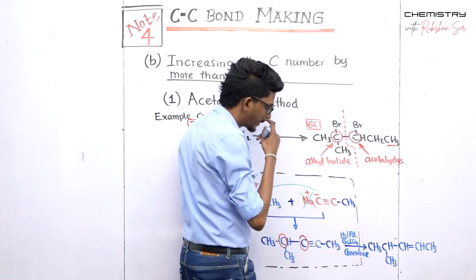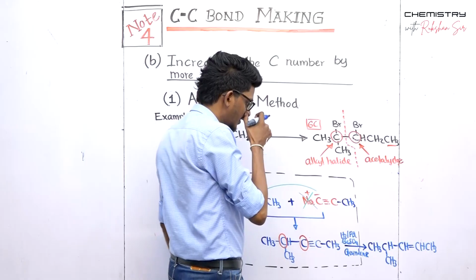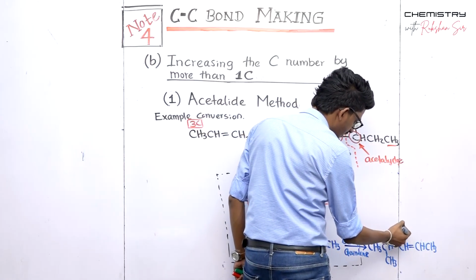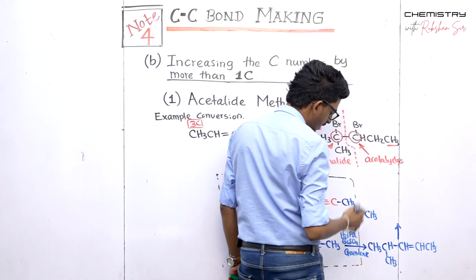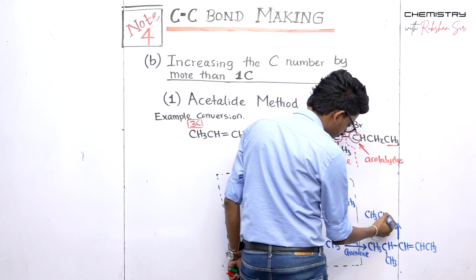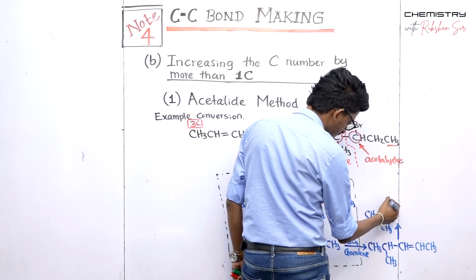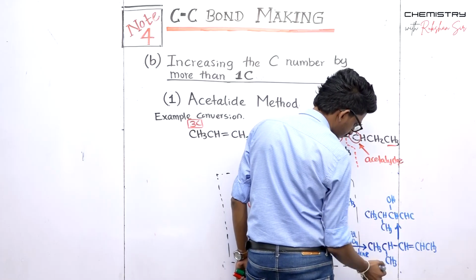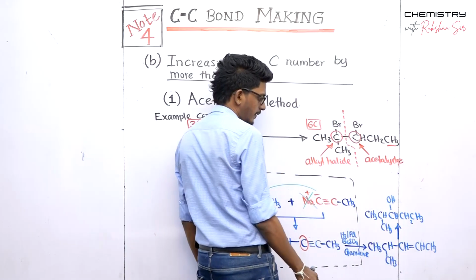Then we need to bring this double bond to here, changing the functional carbons. That can be done by the addition elimination technique, note number 3. Adding and removing HBr, so H2O.